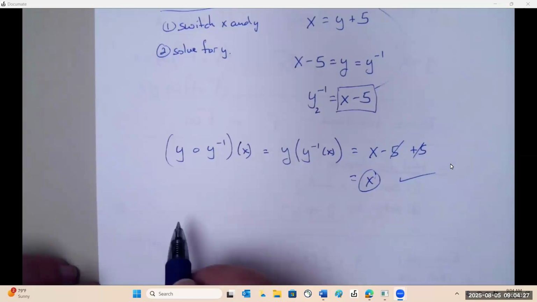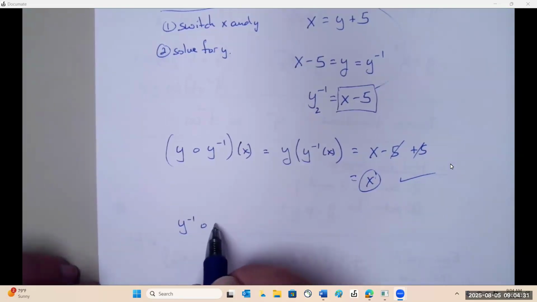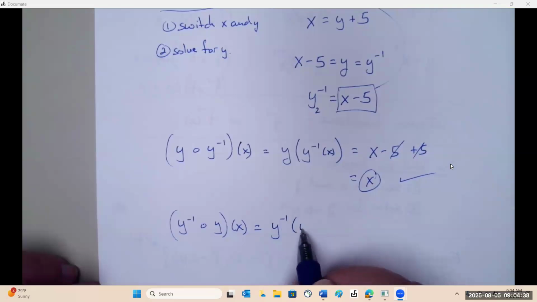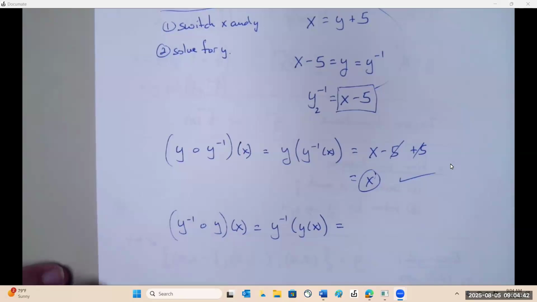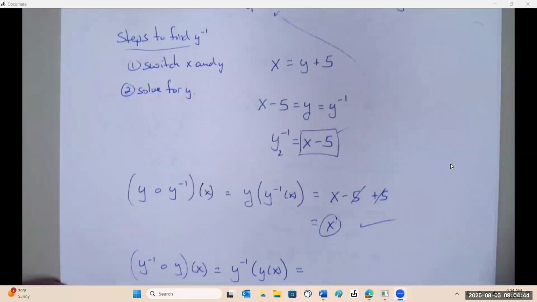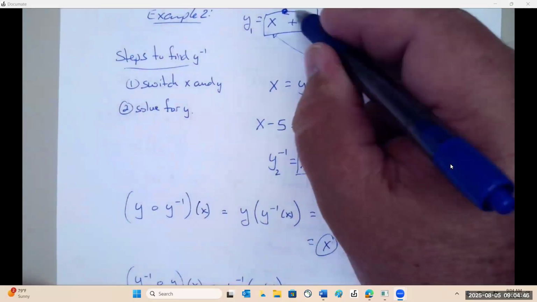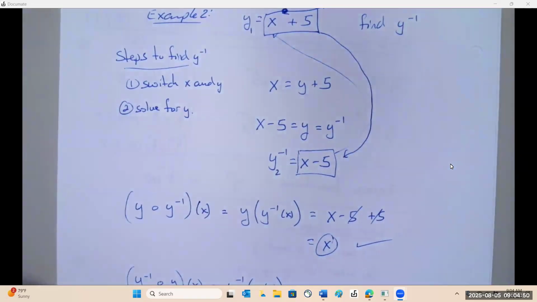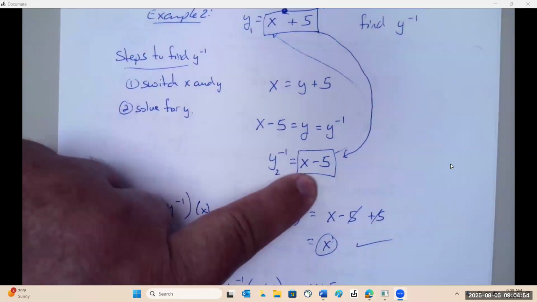Then we check the other direction. Y2 of y1 of x. So now we take this equation and plug it in place of x in that equation, which gives us x plus 5 minus 5.